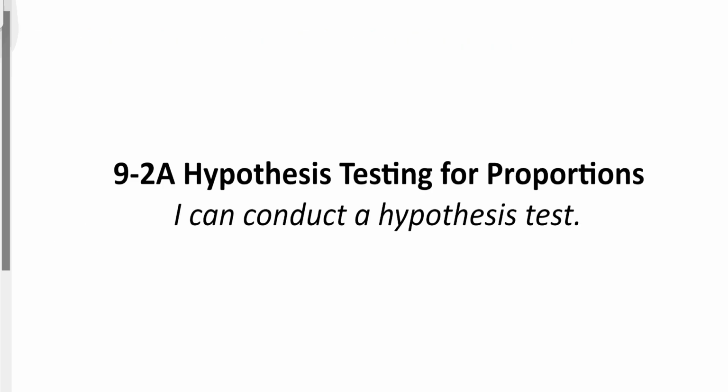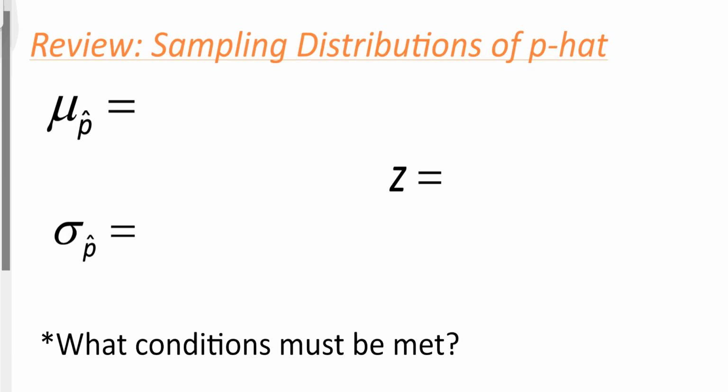By the way, this is section 9.2a on hypothesis testing for proportions. A quick review of sampling distributions, because we're going to base it off of the idea of sampling distributions for proportions, p-hat. The mean of all the proportions, what did we say the mean is going to be equal to? The mean of all the proportions would be equal to the actual true proportion.